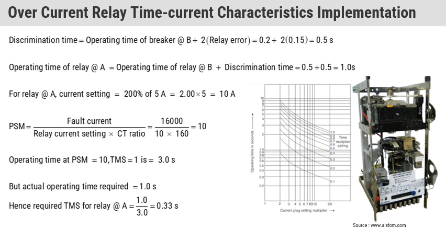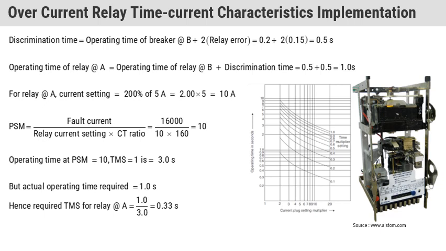Now how can we set the current? For the relay, the current setting is 200% of 5 ampere, so 10 ampere. We can find the PSM easily by using this formula, and the operating time at PSM 10 with TMS equal to 1 is 3 seconds. But the actual operating time required is 1 second, as we calculated above.